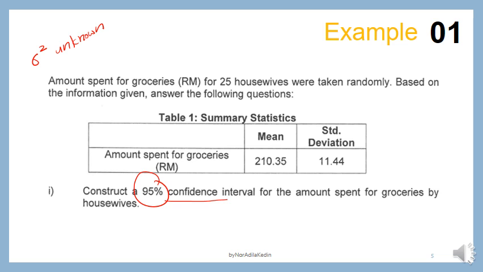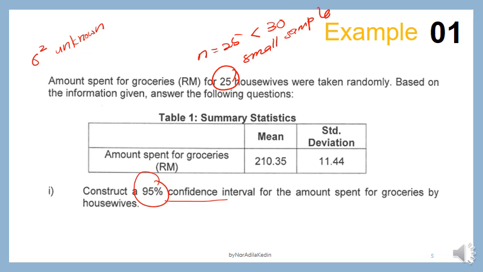Apabila variance unknown, you kena tengok pula adakah soalan ini bagi awak small sample or large sample. So in this case, your sample n sama dengan 25, which is less than 30. So kalau n less than 30, small sample.